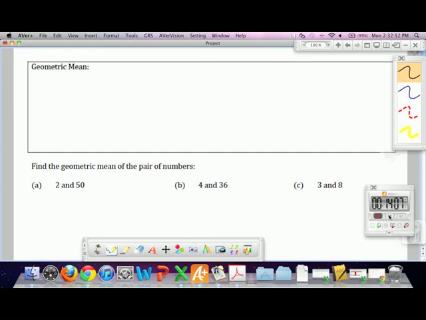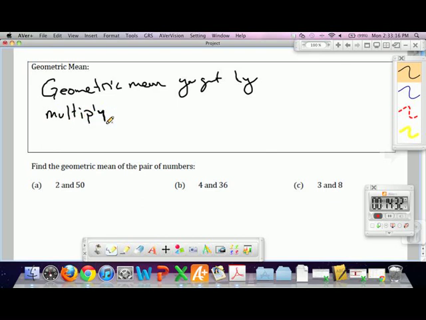The geometric mean between two numbers is another way to look at an average. Specifically, the geometric mean you get by multiplying the numbers and finding the square root.